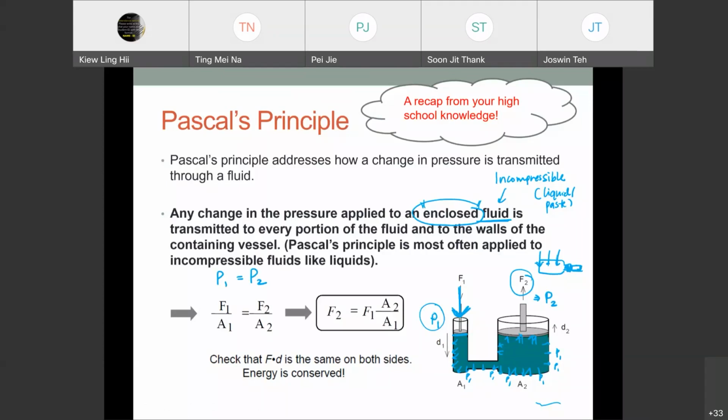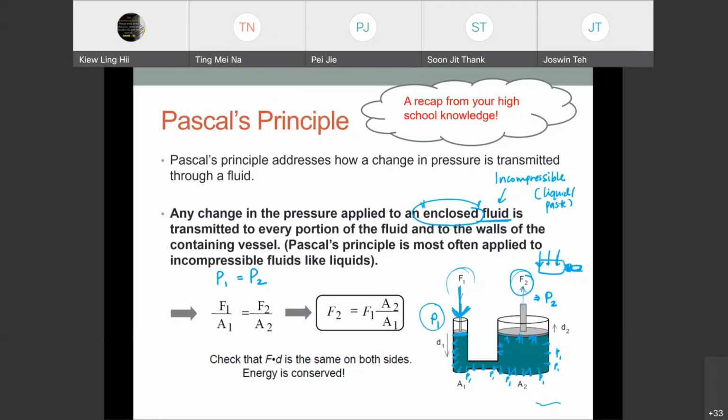Okay, so what is the formula for P? P is F over A. So P1 equals to F1 over A1, P2 equals to F2 over A2. Then this is how we do our calculation, yeah? This is the amount of force at point 1 divided by the area at point 1 equals to the amount of force that released at point 2 divided by the area at point 2.